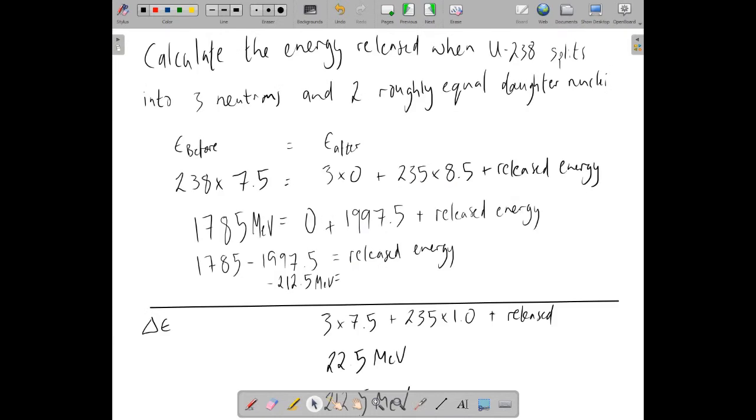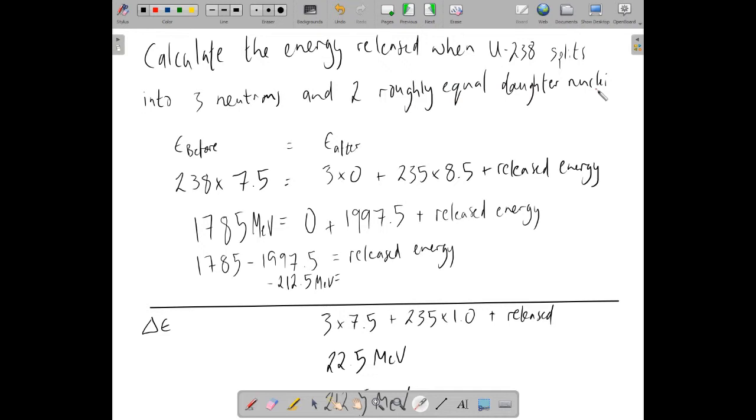Now, as a second example, I've done maybe something that looks at the curve a little bit more, and I've said calculate the energy released when uranium-238 splits into 3 neutrons and 2 roughly equal daughter nuclei.